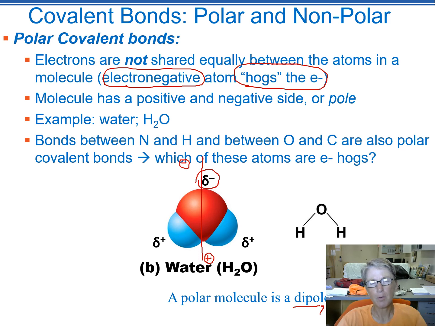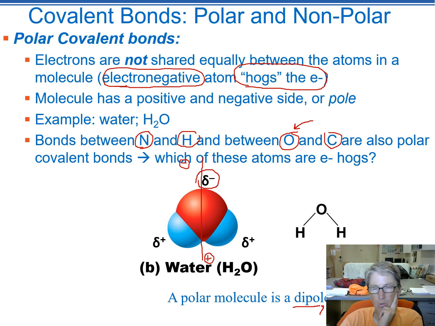So this is a typical illustration of a polar covalent bond, which is between oxygen and hydrogen. But you can also have a bond between nitrogen and hydrogen that would also form a polar covalent bond, or an unequal sharing of electrons. You could also have a polar covalent bond between oxygen and carbon. Those are polar covalent bonds. Which of those atoms, nitrogen, hydrogen, oxygen, and carbon, are electron hogs? Well, we've already said oxygen is an electron hog.